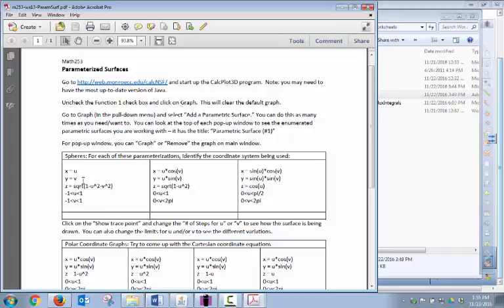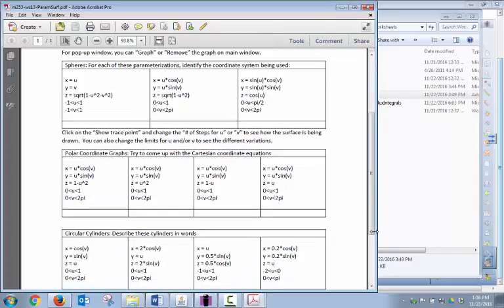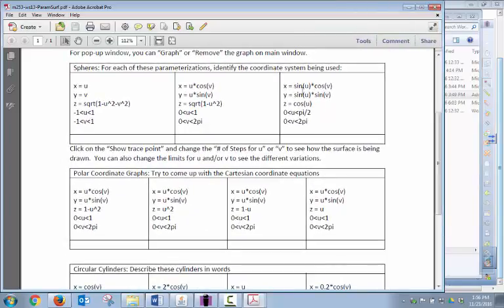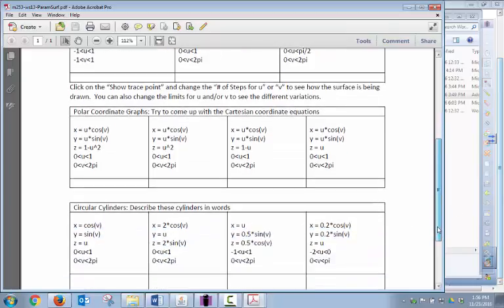And then you can plug in these values, which is the values that I plugged in myself. And then I ask you to play around by changing the number of steps and changing some other parameters that make it look interesting. And so these are the cylinders, the spheres that we did. These are the cones and the paraboloids that we did. And the last one are cylinders, and these are cylinders that may be tilted sideways and stuff like that.